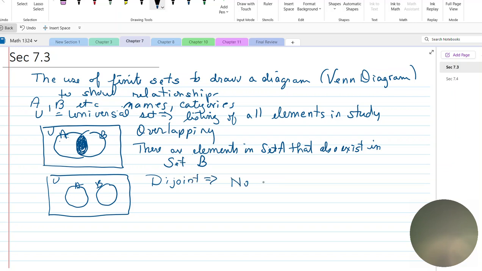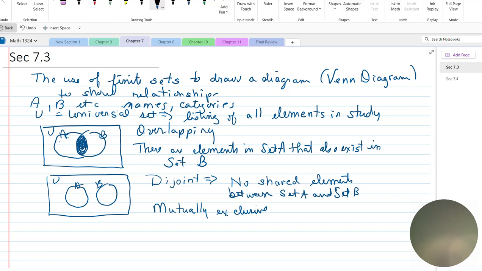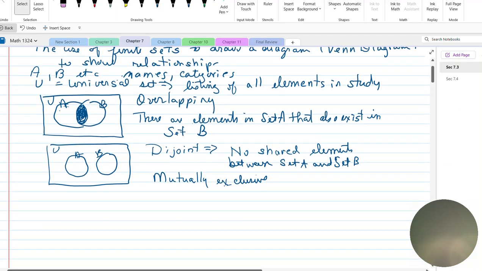No shared elements between set A and set B. Okay, this is called mutually exclusive. They share nothing. The first one, overlapping, is not mutually exclusive. It is overlapping. They share something.